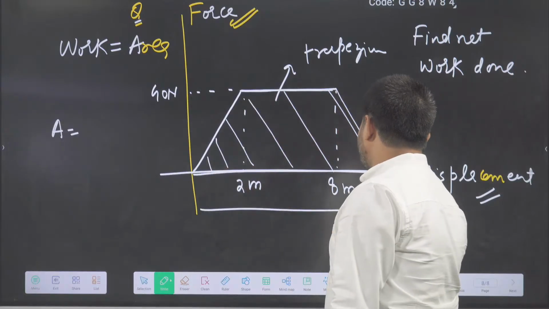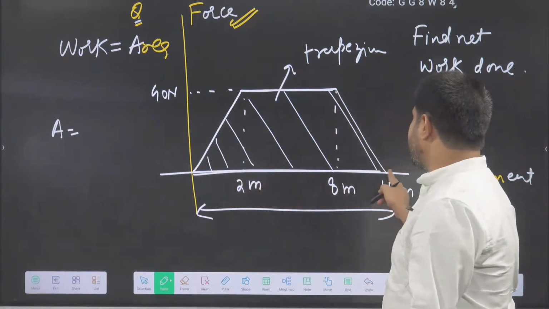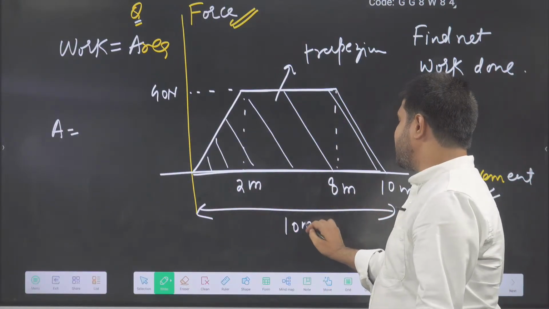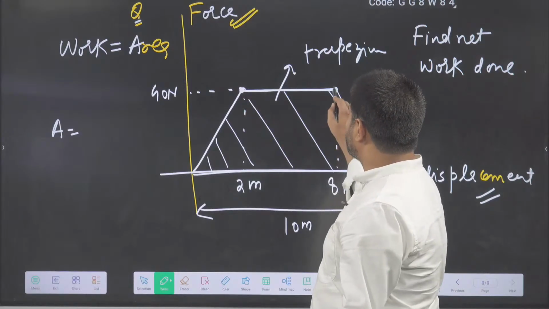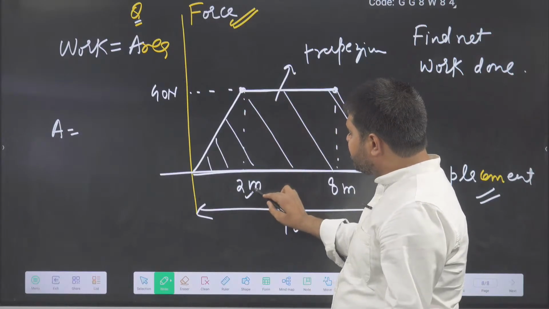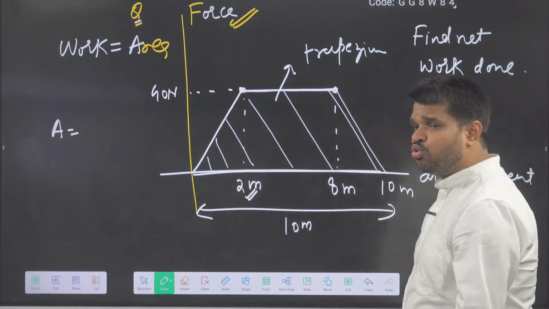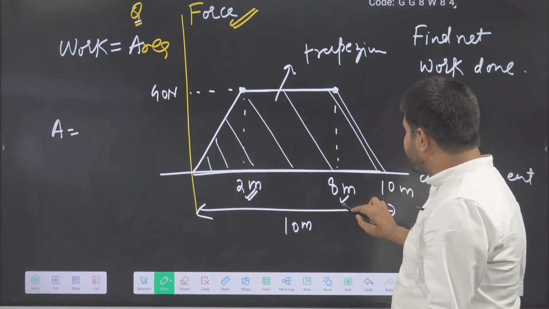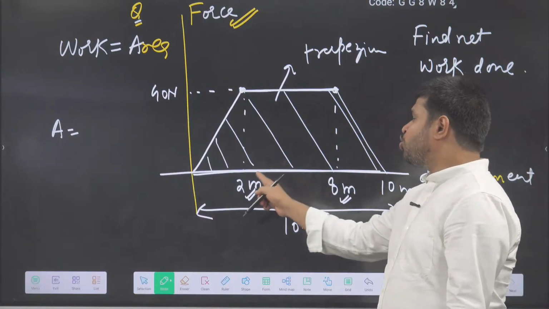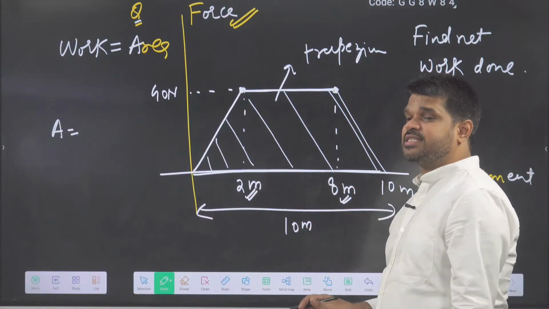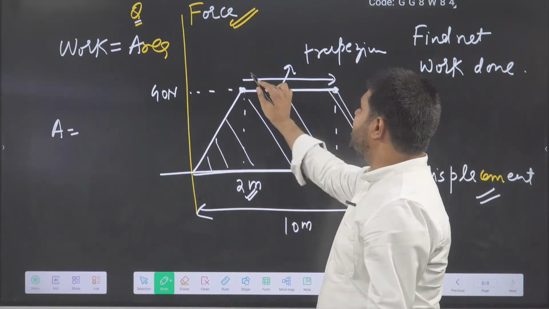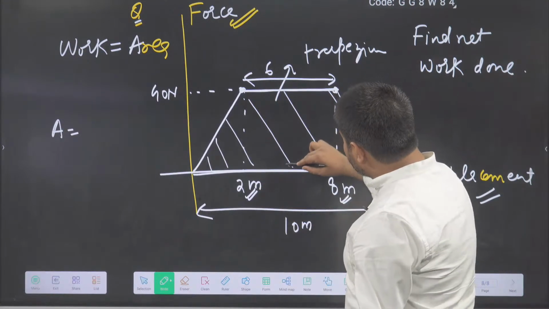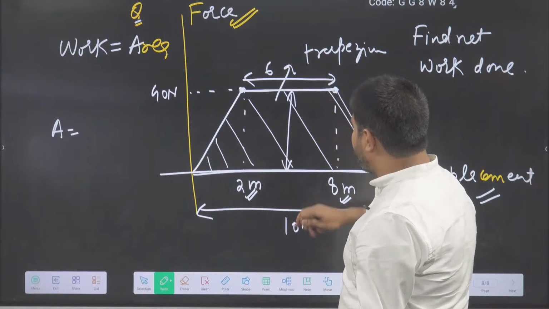The lower side length, 0 to 10, must be 10 meter. The upper side length is from here to here. What is the displacement here? 2. And here? 8. 2 to 8 means 8 minus 2, which is 6. So this upper side length is 6. And what is the distance between these two parallel sides?